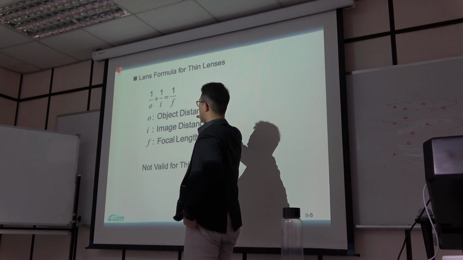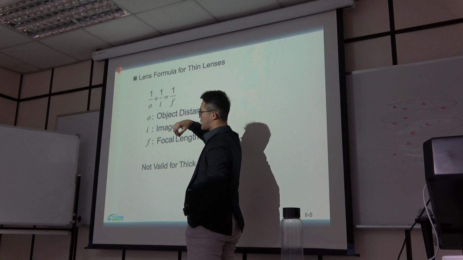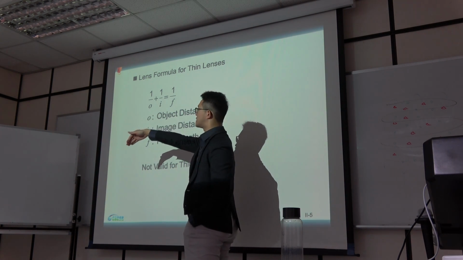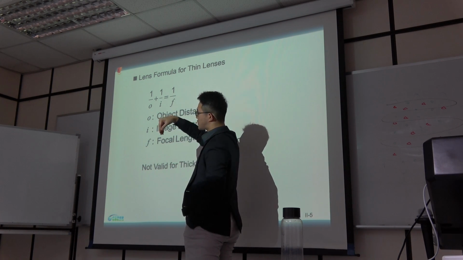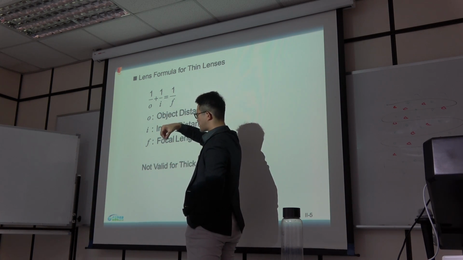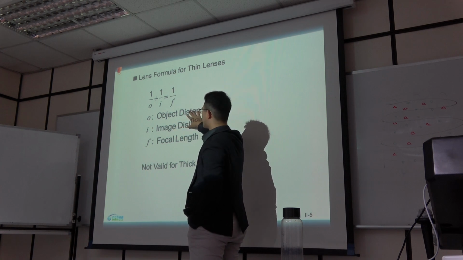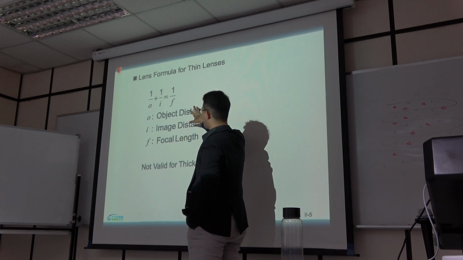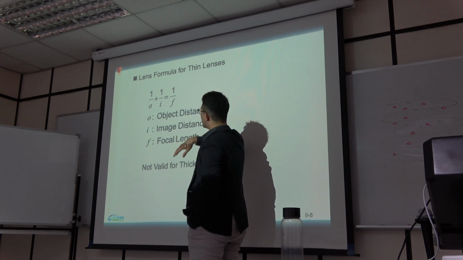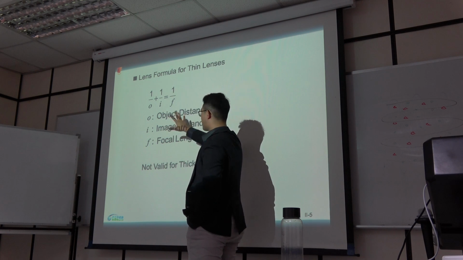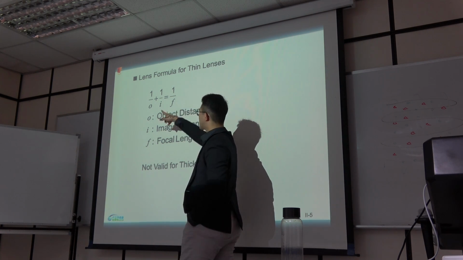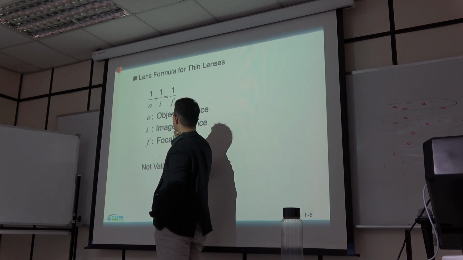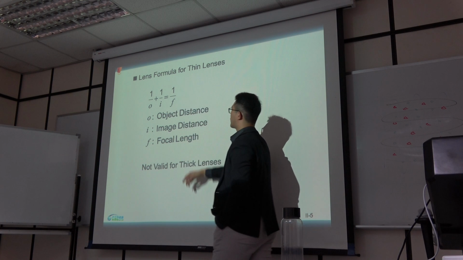One is the object distance, from the perspective center to your object, and the other is the image distance, from the perspective center to your image plane. One is called 物距, the other one is called 相距, right? And then the other one is the focal length. As you can see, it's 1 divided by the object distance, plus 1 divided by the image distance, equals 1 divided by the focal length.